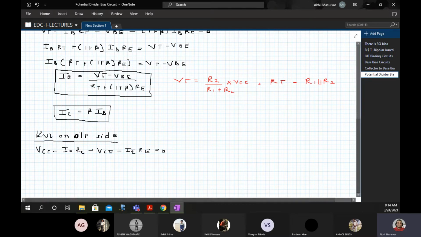So from this I can write VCE is equal to VCC minus IC RC minus IE RE.